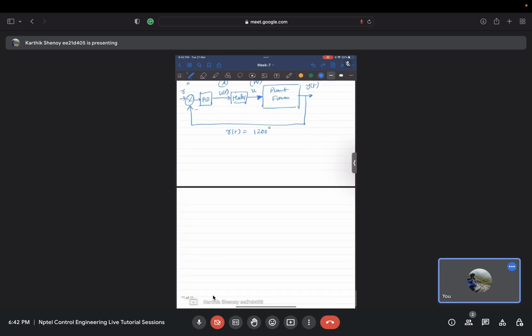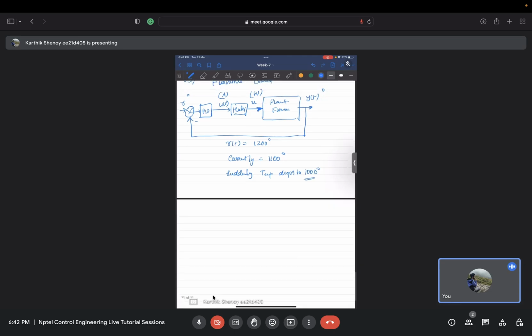Currently, at the starting state, it is equal to 1100 degrees, and suddenly at the next instant the temperature drops to 1000. I need to find the control input. Sorry, this will be my power, my control input U.